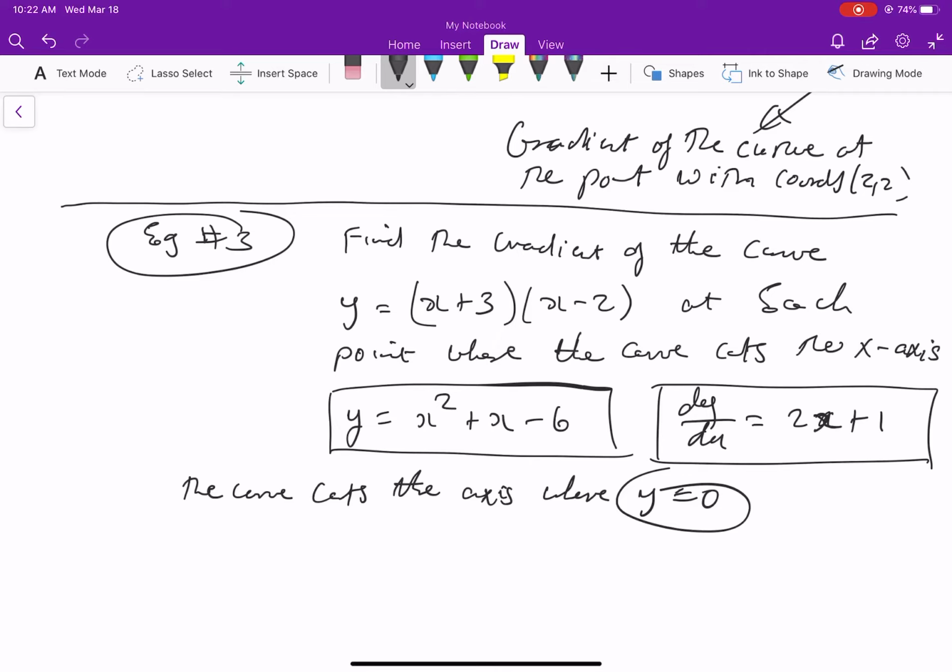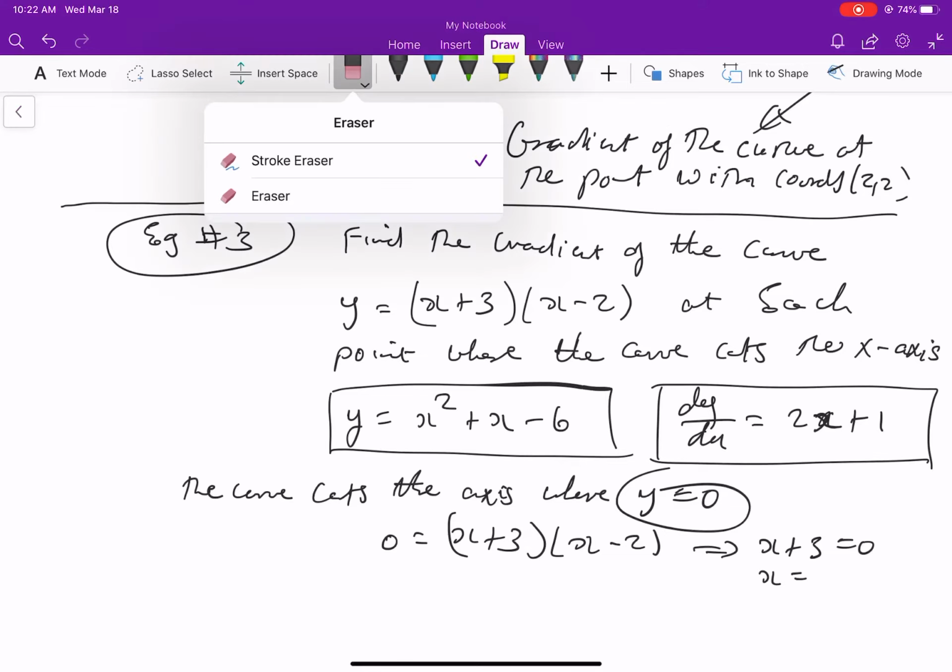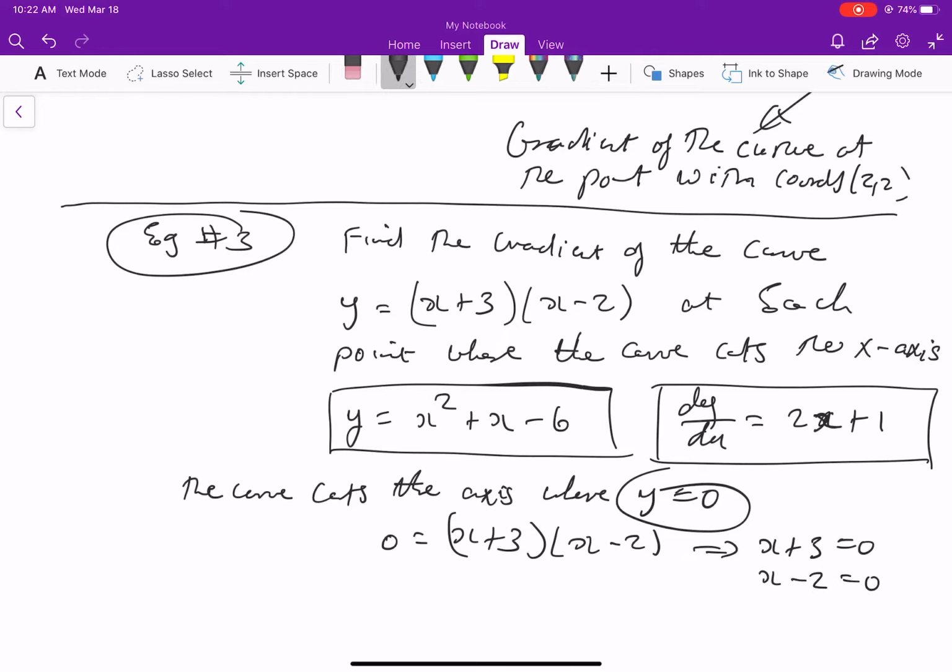So when y is equal to 0, 0 is equal to x plus 3 times x minus 2. If you have the product of two brackets giving you 0, that would mean either the first bracket is 0 or the second bracket, x minus 2, is 0.